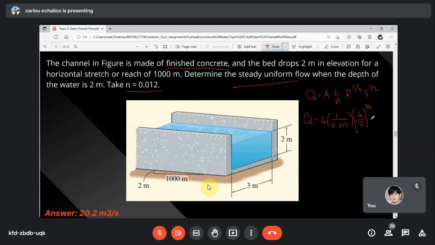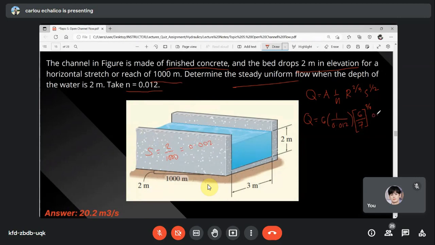For S, the problem says the bed drops 2 meters in elevation for a horizontal stretch or reach of 1,000 meters. This means every 1,000 meters, the drop is 2 meters. So the slope is rise over run: the rise is 2 and the run is 1,000. So 2 over 1,000, therefore the slope is 0.002.